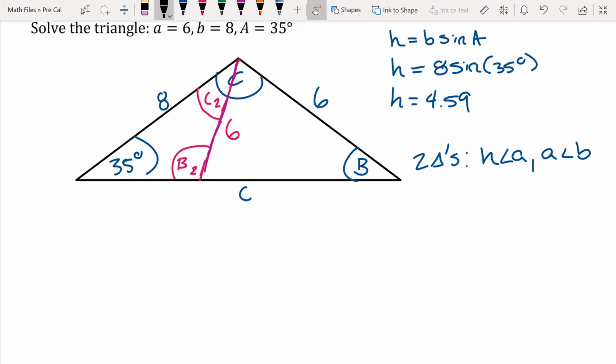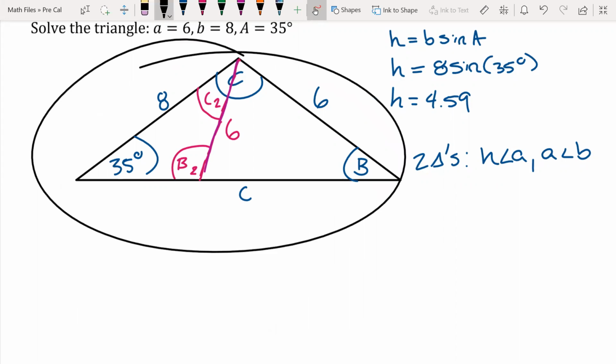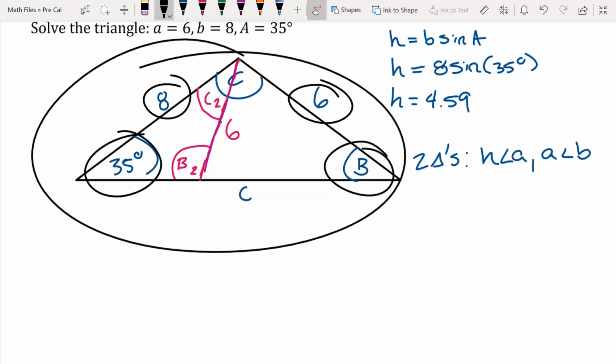Okay, so we're going to look at the big triangle and we're going to solve for angle B because we know angle A and side B. So that's what we're going to do first.